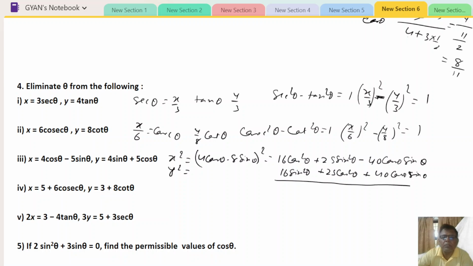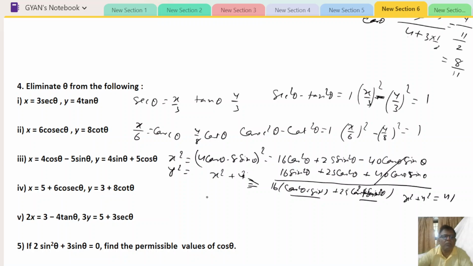Now add both. So x square plus y square will be, the cross terms get cancelled, and this will be 16 times cos square theta plus sin square theta and 25 times cos square theta plus sin square theta. This is 1, this is 1. So 16 and 25, 41. That means x square plus y square is equal to 41.